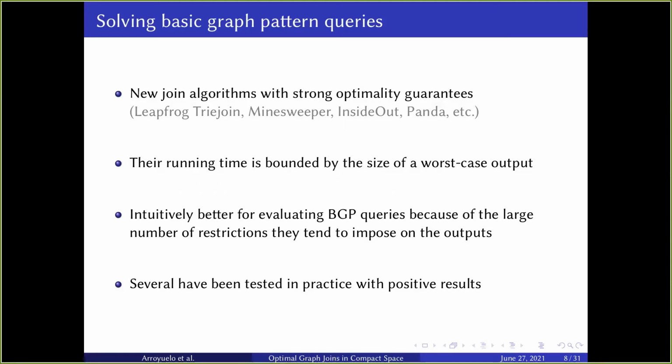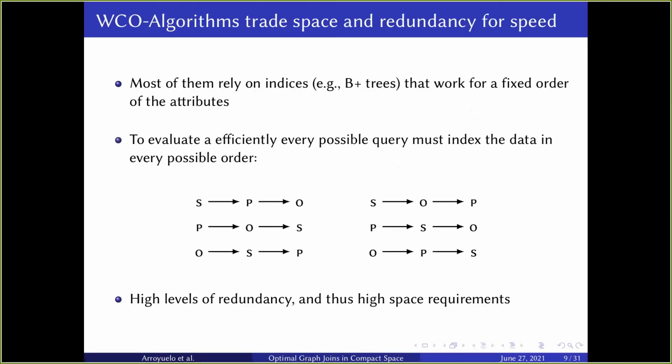And in fact, there have been several practical implementations of these algorithms showing that they behave well for certain types of BGP queries. However, most of these worst-case optimal algorithms rely on heavily indexed databases, with indices like Ring-3, for instance, that work only for a fixed order of the attributes.